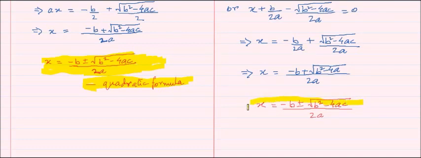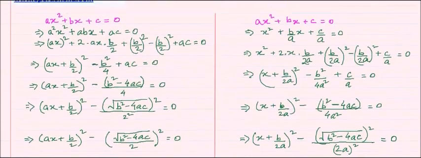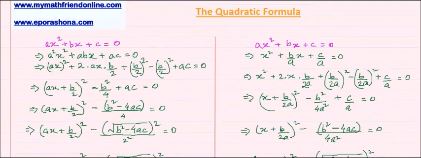So we see that we have arrived at the same result, same two values of x, once by multiplying the entire quadratic equation by the numerical coefficient of x square, and next by dividing the entire equation by the numerical coefficient of x square.